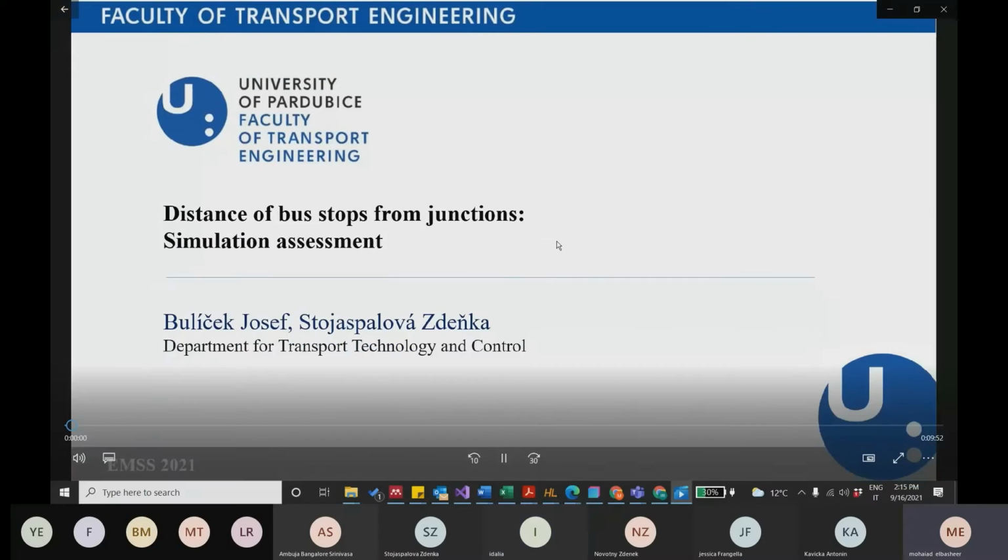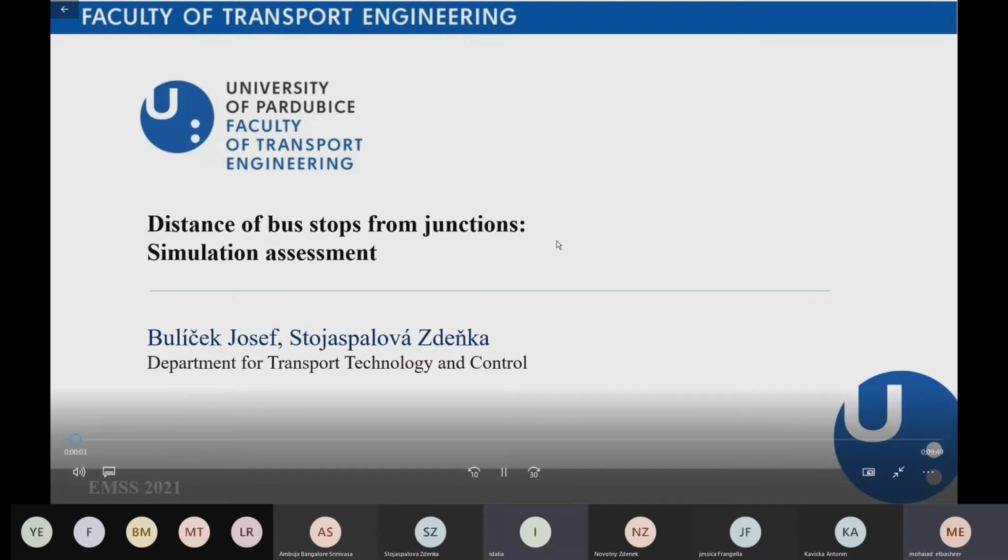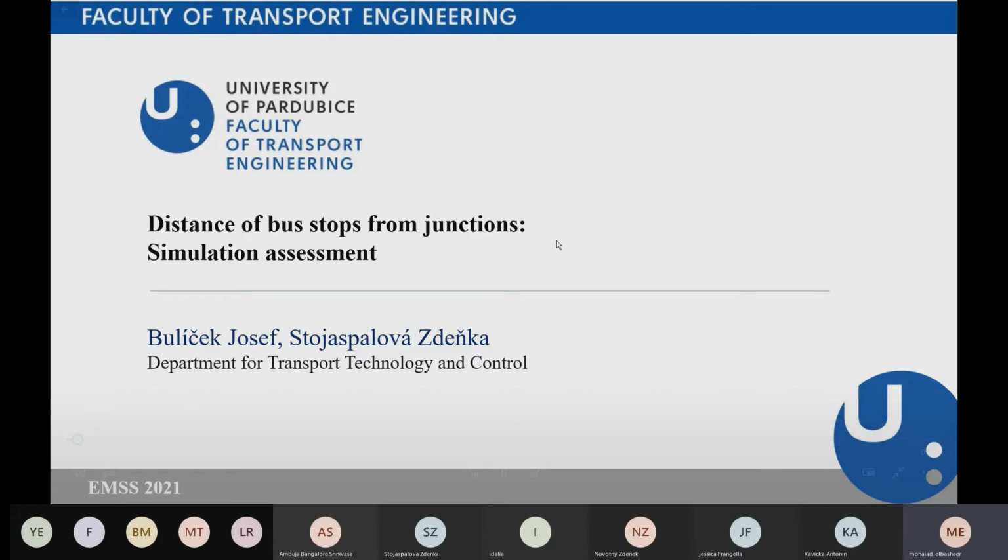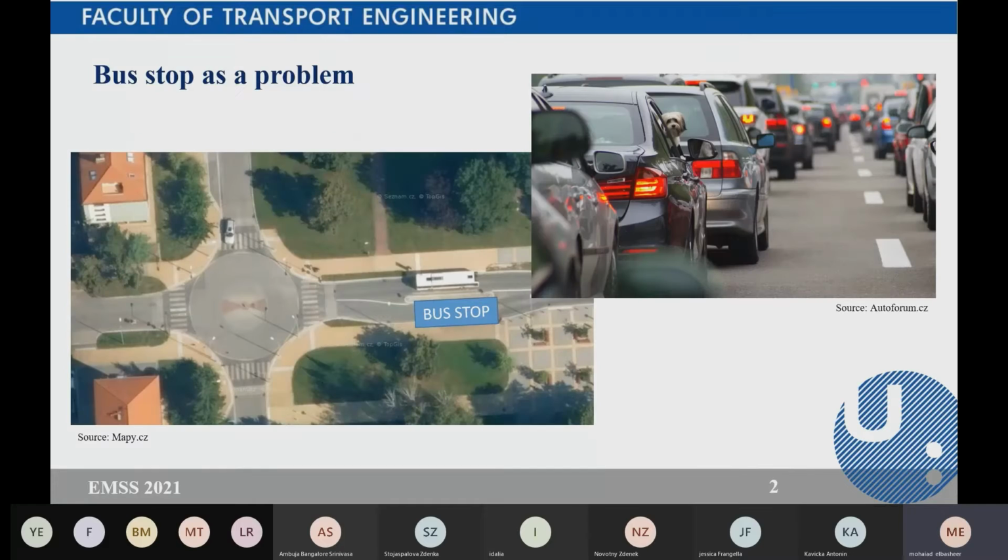Dear ladies and gentlemen, I am Zdeňka Stojaspalová and I am a PhD student at the University of Pardubice in the Czech Republic. I would like to talk about a simulation assessment that I did together with Josef Bulíček. The topic, as you can see, is the distance of bus stops from junctions. Let's start with the reason for choosing this topic.